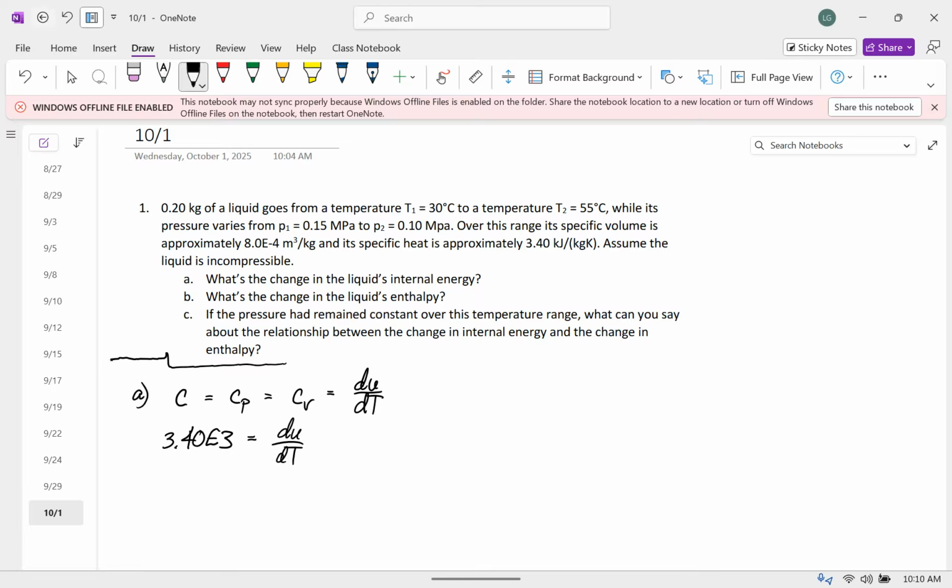So 3.4 times 10 to the third d temperature is equal to du. And now we can integrate both sides, from state 1 to state 2.